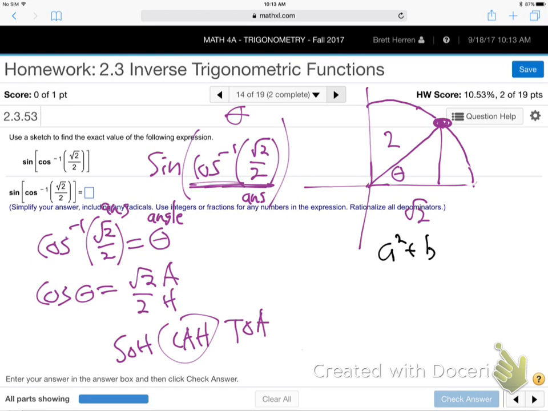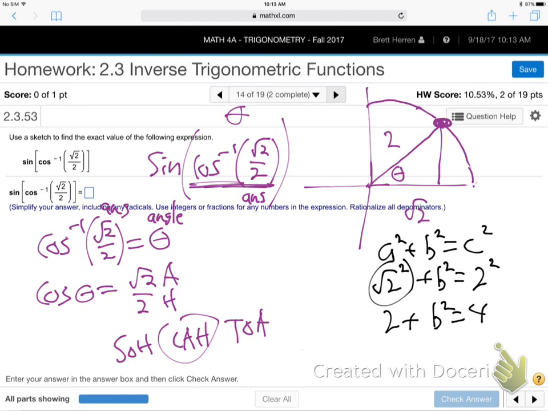Right, a squared plus b squared is c squared. So root 2 squared plus b squared is 2 squared. What's root 2 squared? 2, plus b squared is 4. Subtract 2. B squared is 2. B is root 2. So this is root 2.